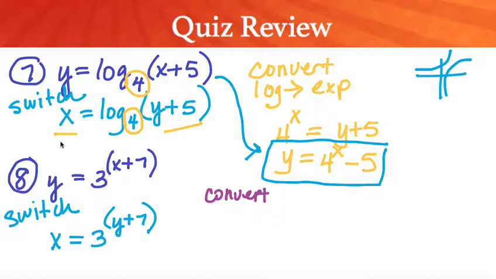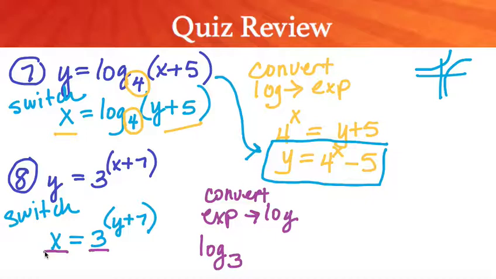Since I started with an exponent, I should be converting to a log. So I'm going from an exponent to a log now. I need to solve for y, so I'm going to go log. The base is 3. The x is the next number, so the base starts, the x goes back on the inside, and the exponent goes on the outside.